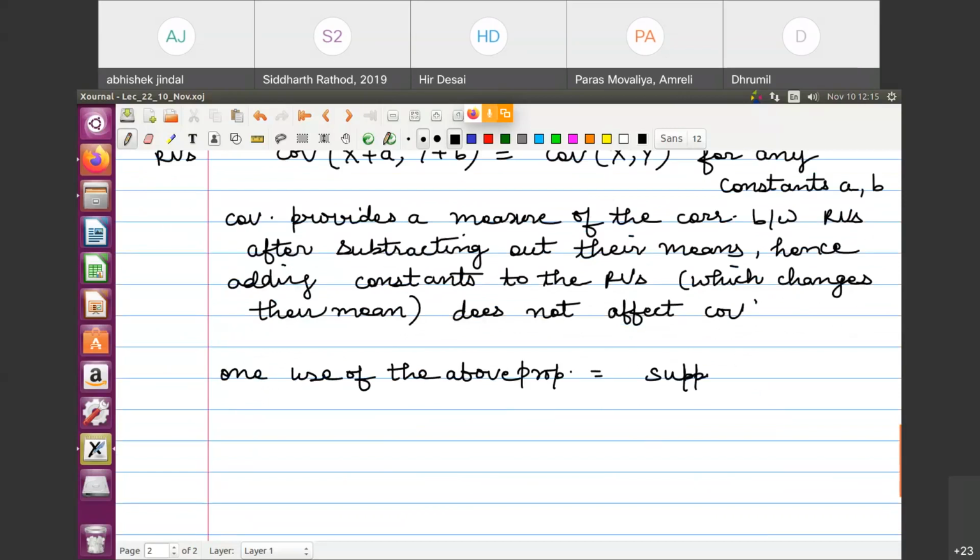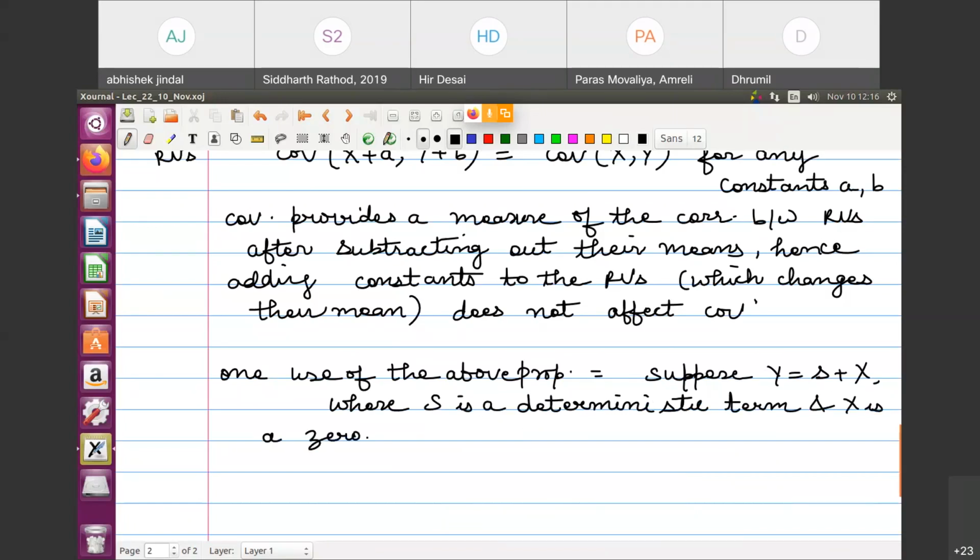Suppose y is equal to s plus x, where s is a deterministic term and x is a zero mean random term. You can say random term, random variable, or random process. Such signals will definitely be there when we do detection, so that's why we are taking this example.